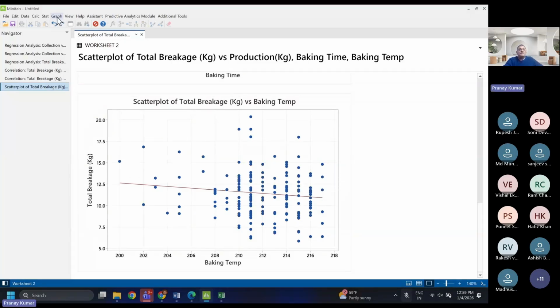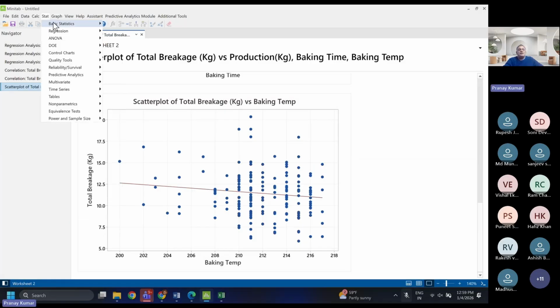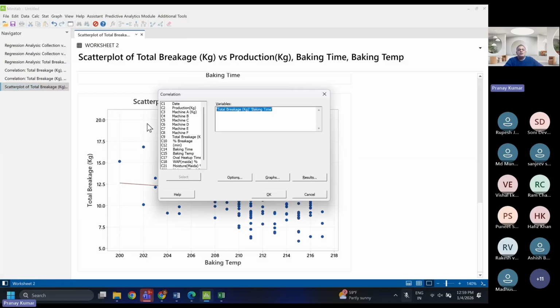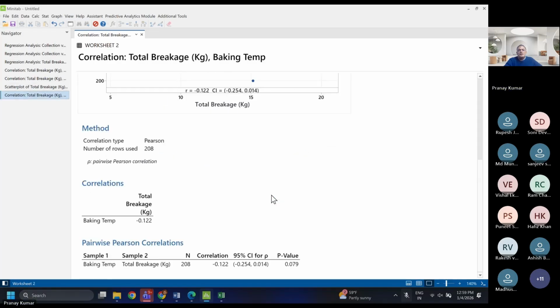Let's do correlation for this. Let us see its value. Stats, basic stats, correlation, total breakage versus baking temperature now. No impact.